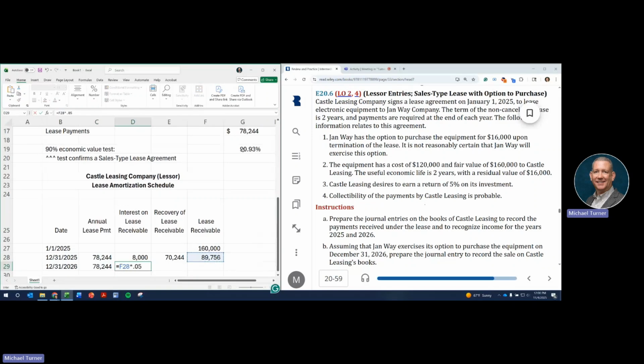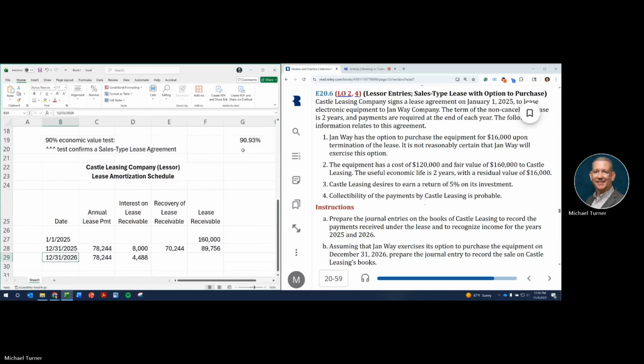And multiply that by their interest rate, which we were given earlier in the problem, 5%, results in interest on the lease of $4,488 for 2026.